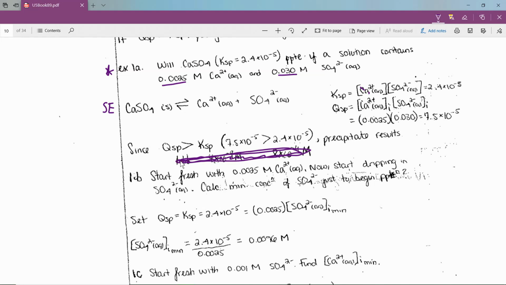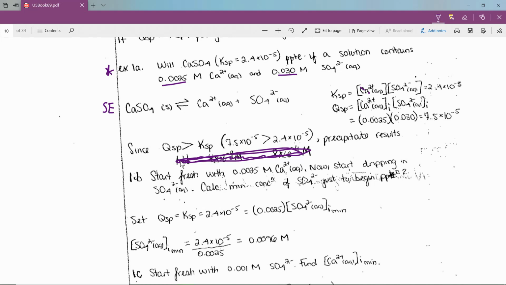Okay, so now let's start fresh, but this time we'll have some 0.0025 molar of the calcium 2 plus cation, and we start dripping in some sulfate. How much do we need just to get the precipitation to happen? I mean, in example 1a, we had more than enough sulfate for the 0.0025.